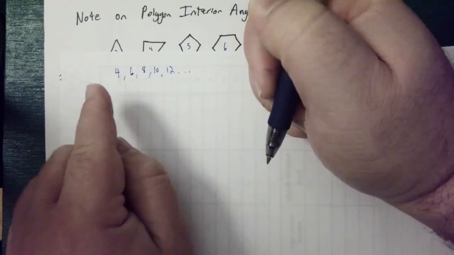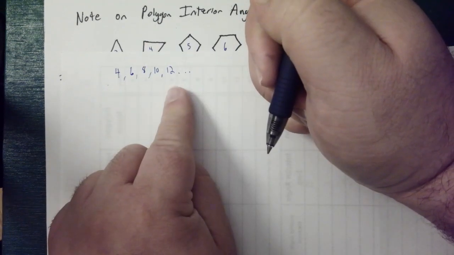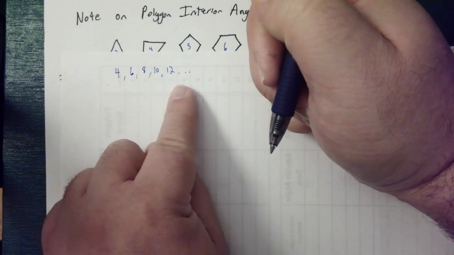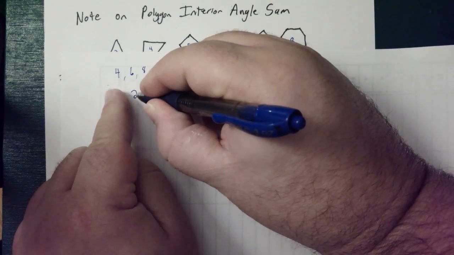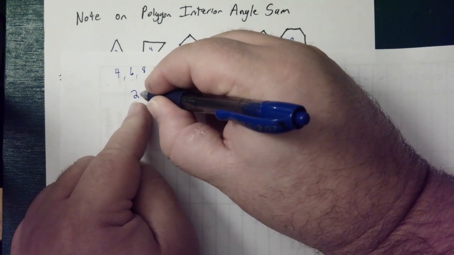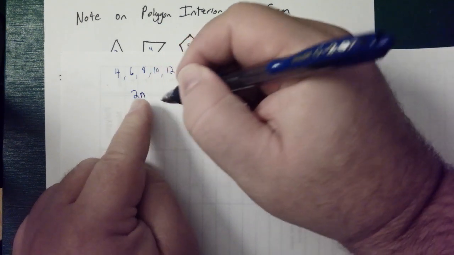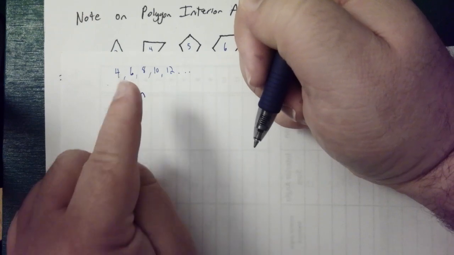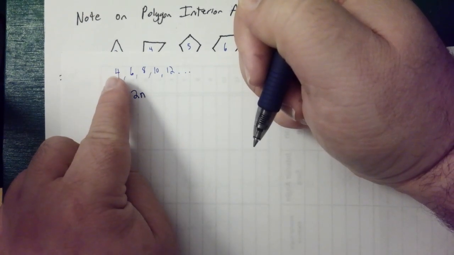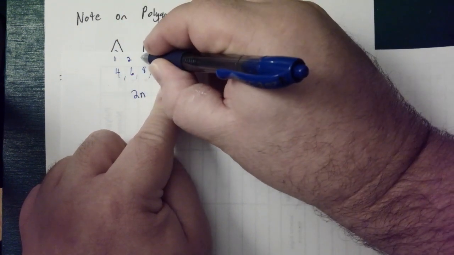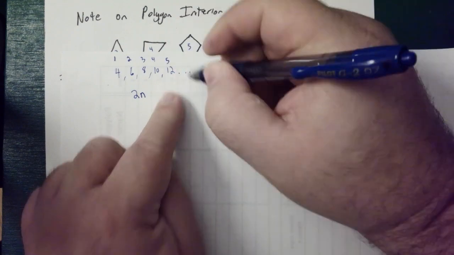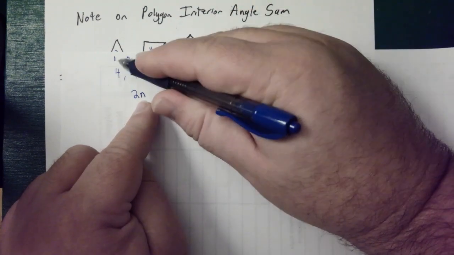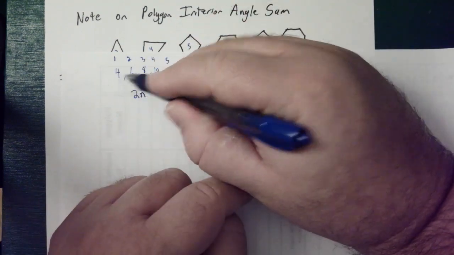Well, to write a rule for this, you have to see how much it's increasing each time, so you put 2 and the letter X, or in this case we're going to use the letter N. Now the letter N stands for the number, what position are we looking at here? So this is the first position, this is the second position, this is the third, the fourth, the fifth. And so if I plug any of these numbers in, I should get this number.